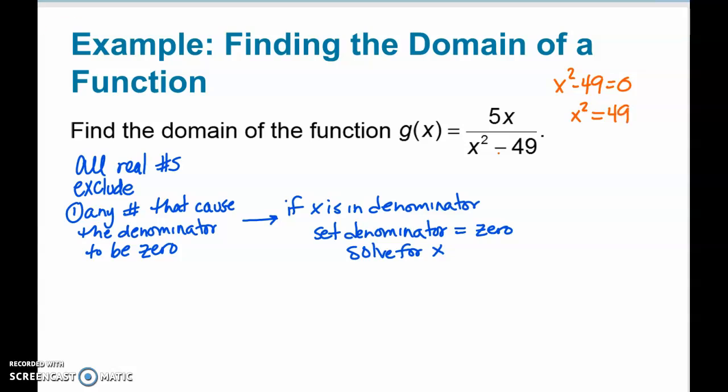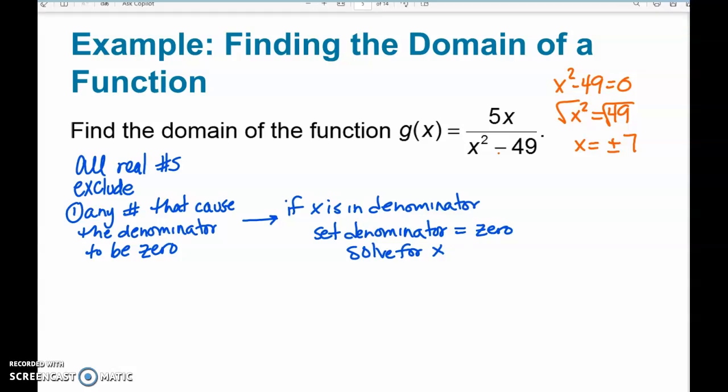This is a quadratic. Now, since this quadratic is missing the middle term, it's easier to solve. So we can isolate the x in this quadratic. I've added 49 to both sides. I got this. And now I'm going to take the square root of both sides. And I get x is equal to plus or minus 7. The square root of 49 is 7, but also you can take the square root of 49 and get negative 7.